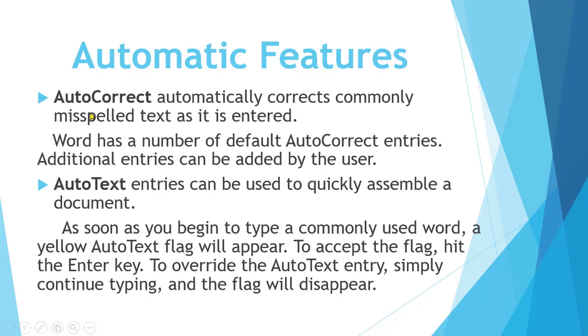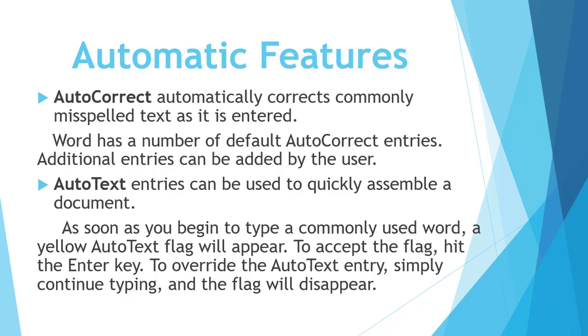There is autocorrect feature available which automatically corrects commonly misspelled text as it is entered. And Word has a number of default autocorrect entries. Additional entries can be added by the user. Another feature is auto text.